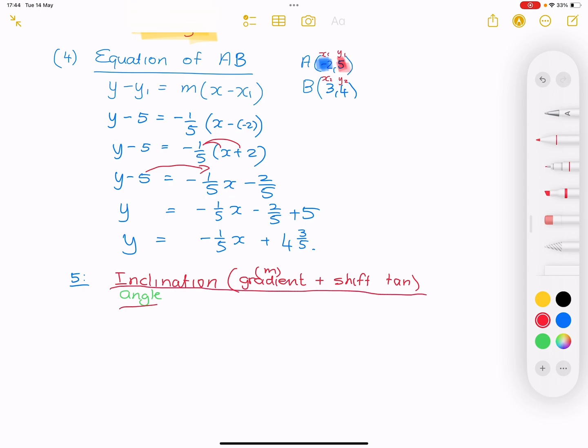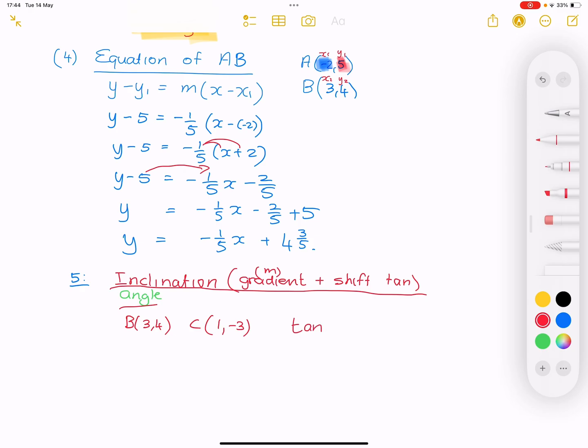So let's do it for the line BC. B is the point (3, 4) and C is the point (1, -3). So now we must get the gradient.